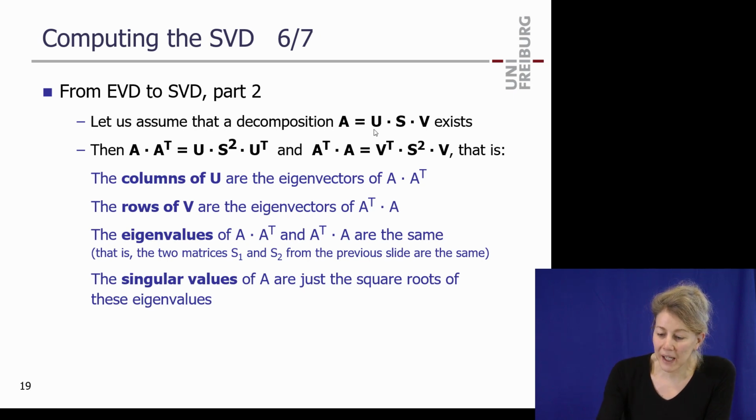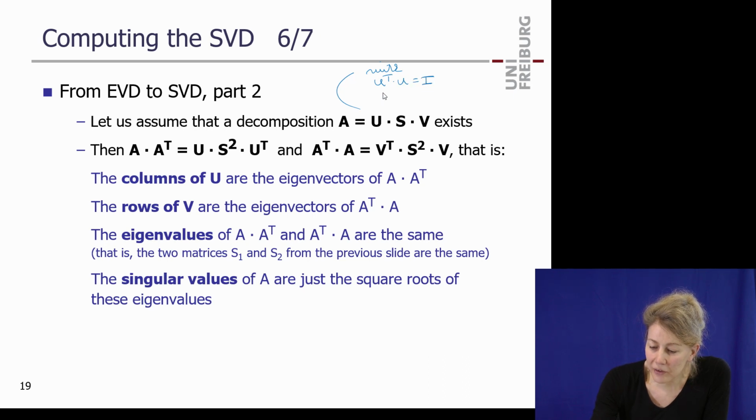Let's assume A is USV with the SVD properties: U times Ut is the identity matrix, S is a diagonal matrix, and V times Vt is also the identity matrix, right?